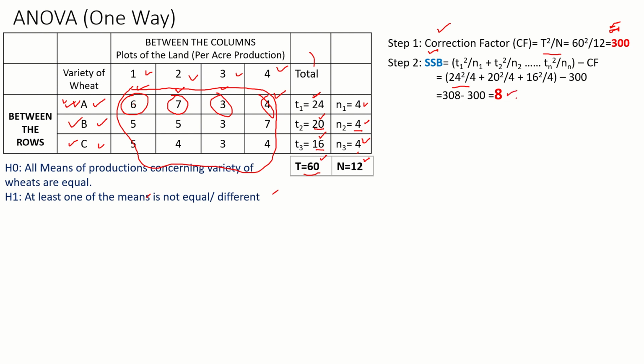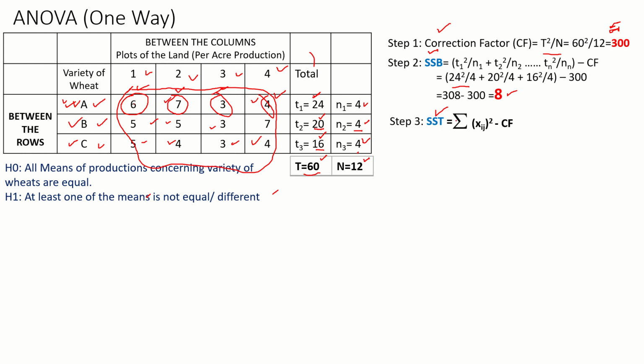Next step in ANOVA is that we have to calculate SST, means sum of square total. That means all the values that we are getting, like 6 square plus 7 square, then 3 square, then 4 square, plus 5 square, 3 square, 7 square, 5 square, 4 square, plus 3 square, then plus 4 square, minus the correction factor.